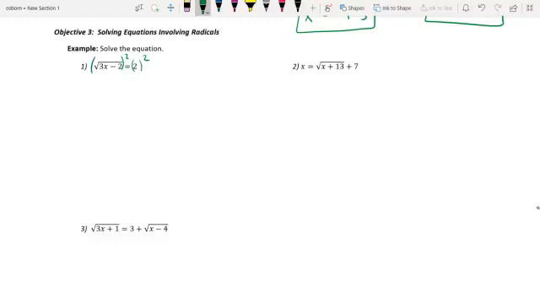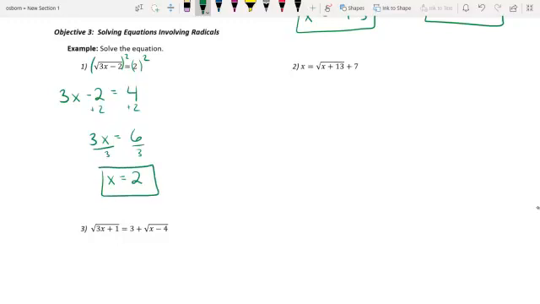Squaring both sides will allow me to drop the radical, so it'll end up being 3x minus 2 is equal to 4. Then I'll add 2 to both sides so I can isolate my variable. That gives me 3x is equal to 6. Divide both sides by 3 and I get x equals 2.